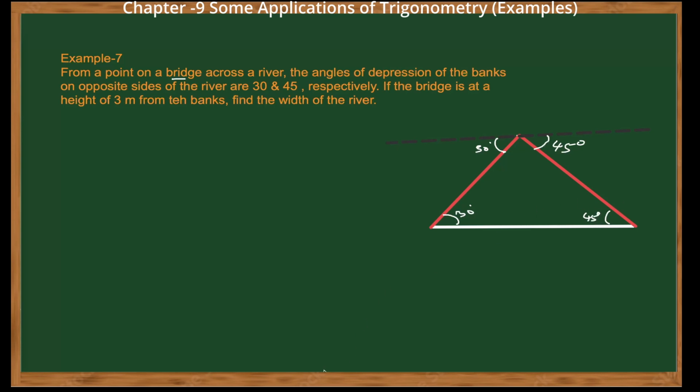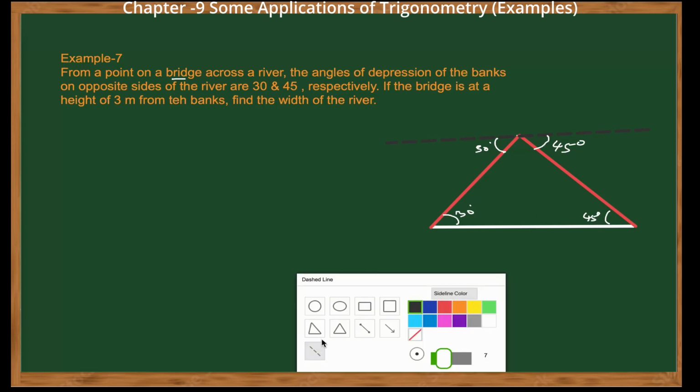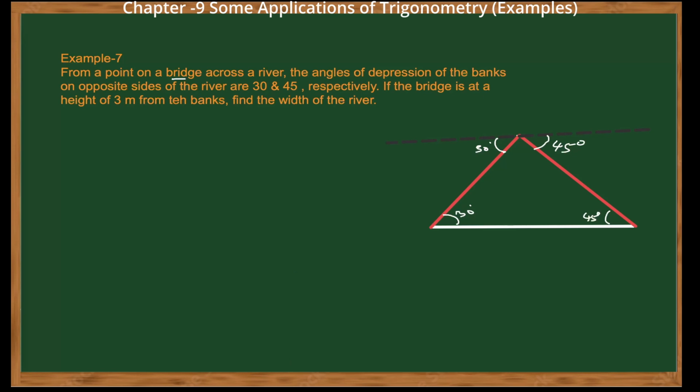And remember that we have a division here, so we are making right angle triangles. It says that the height is 3 meters, so this data is given.